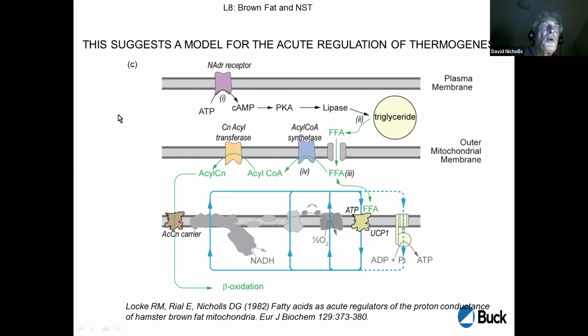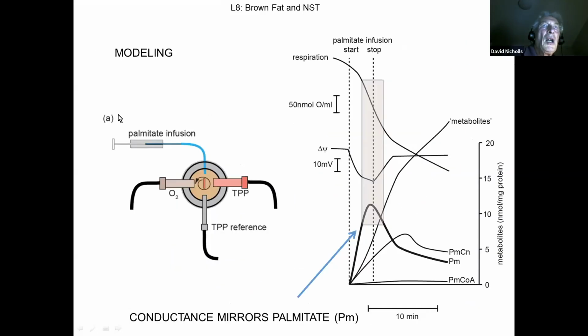And what we can do is to model this with isolated mitochondria. I said that one of the things one tries to do is to get away from needing to work with isolated mitochondria and focus on intact cells, but one can do experiments with isolated mitochondria that very closely mimic what would happen in the intact cell.